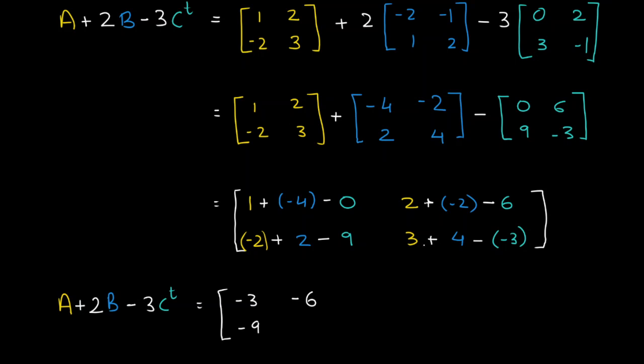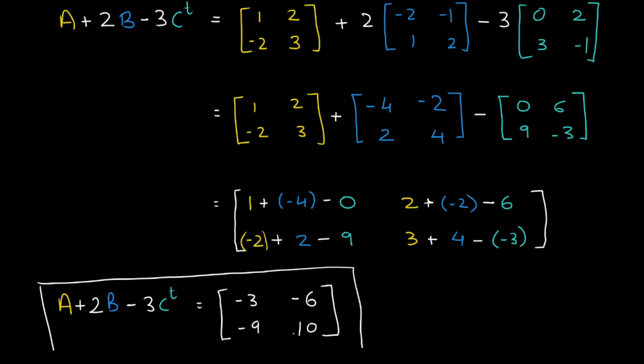Finally, we have 3 plus 4 minus -3. Minus of minus makes it plus, so 3 plus 4 is 7, and 7 plus 3 makes it 10. So this here is our final answer. Let's make a box around it.